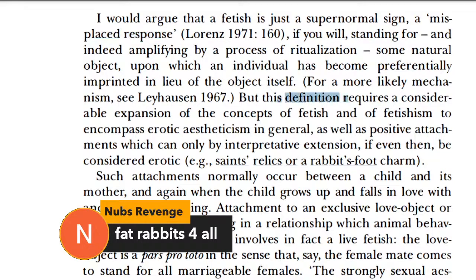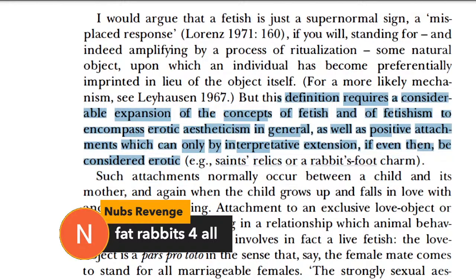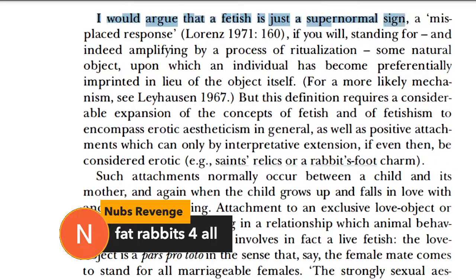So I think, again, it's a big leap to take the erotic perspective of fetish when you're relating it to the semiotic perspective. And I think that's what we learned from this, that all the garbage we read was there just to belabor the point that they're all full of shit, that none of those definitions can suffice, and that the best thing he would argue is just a supernormal sign.